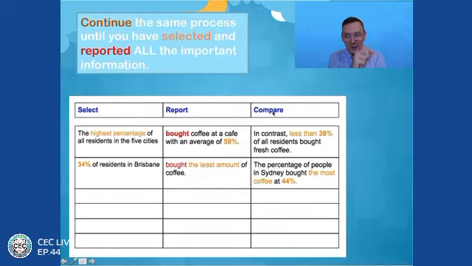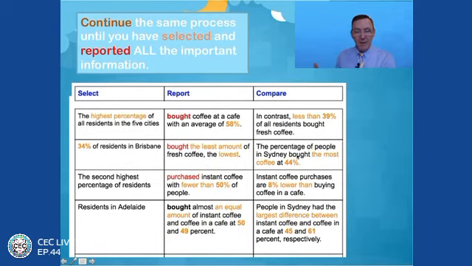The percentage of people that bought the most coffee, at 44%. Look at your table now. How many sentences is that? It's 4 select and report sentences and 4 compares. That's 8 sentences. That's your paragraph 2.